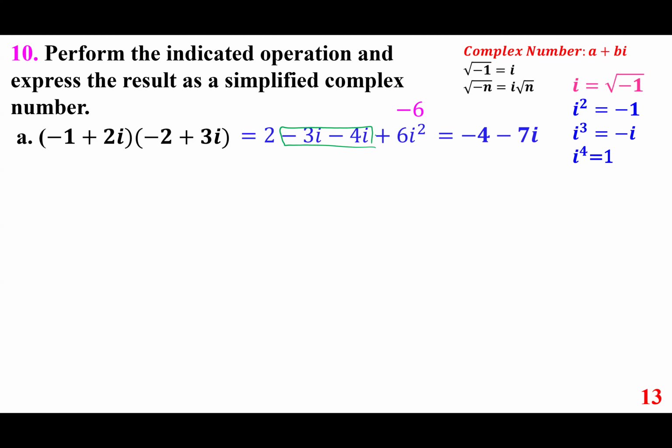It's in the standard form a plus bi. If anybody asks you, what is a? -4. What is b? -7, and you're done.